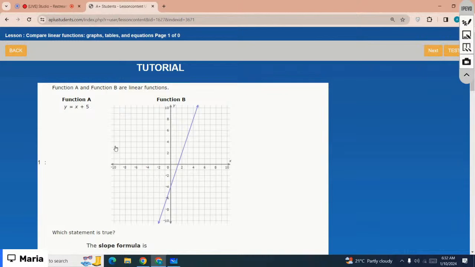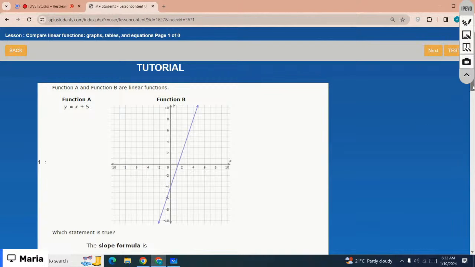So you are given two of the linear functions. Function A is y equals x plus 5 and function B is a graph. Basically, you are going to compare the graph and the equation.